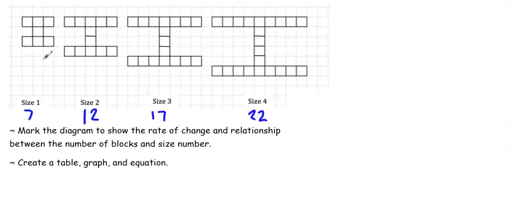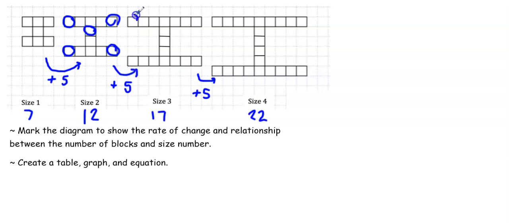I can see that when I'm going from one size to the next, I'm adding 5 blocks each time. It looks to me that the 5 blocks that I'm adding are 1 on each end plus 1 in the middle. So I'm modeling recursively. I'm looking at how I'm going from one figure to the next.